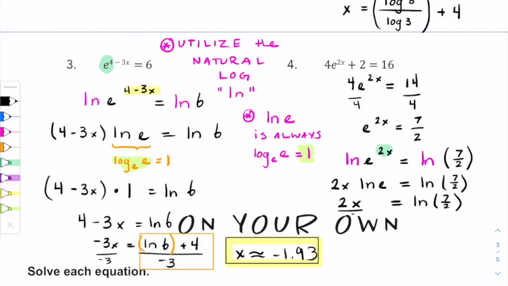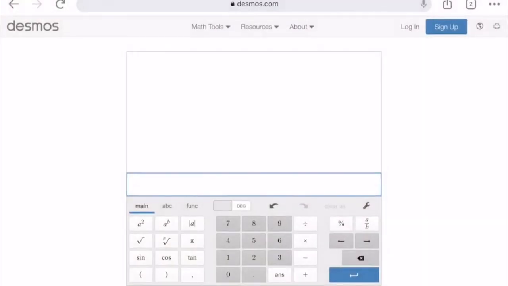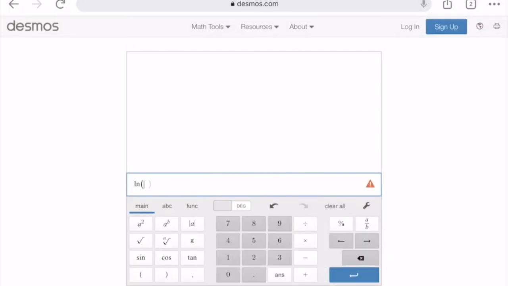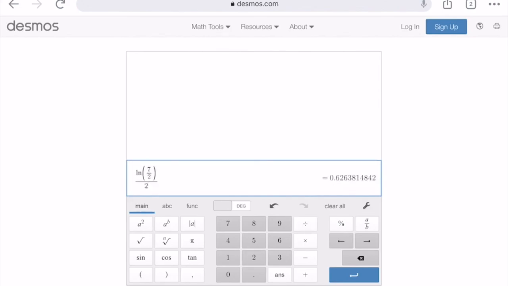And then I'm going to divide both sides by 2. And I have to type that into my calculator. My solution is 0.63.